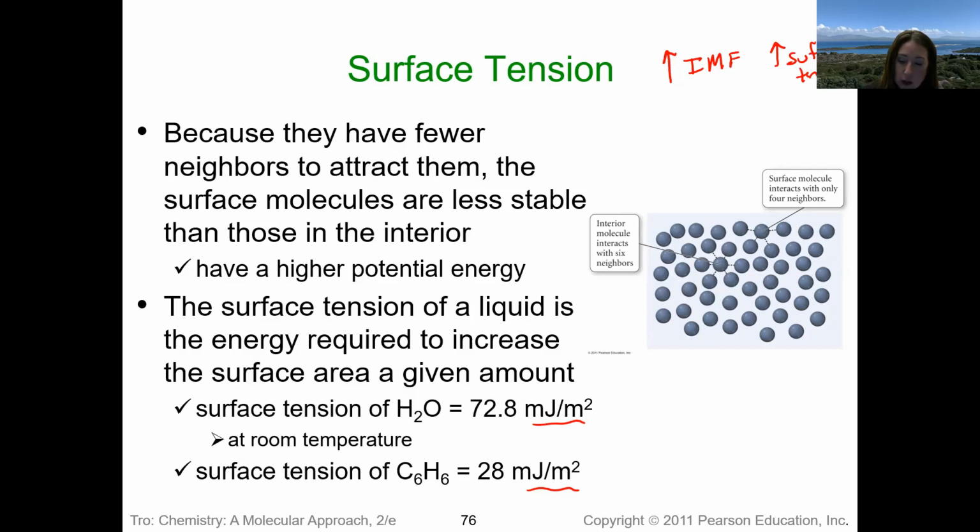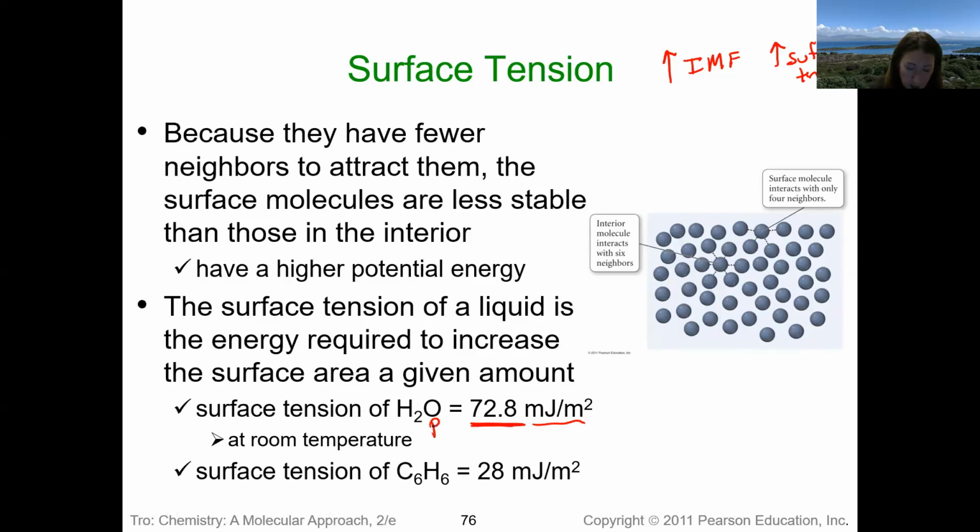Okay, so what does that mean? If you had a bug that was going to land on water, it can land on water because water has a pretty high surface tension, right? Because it can double hydrogen bond, super strong intermolecular forces. Where this is ethane or benzene, this is actually benzene, which is just, it doesn't matter, it's nonpolar.